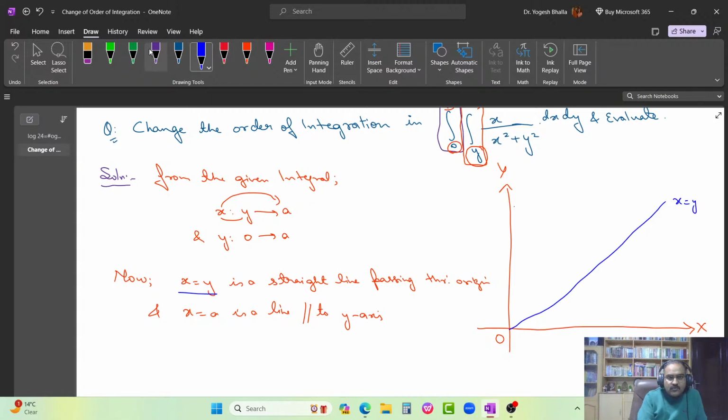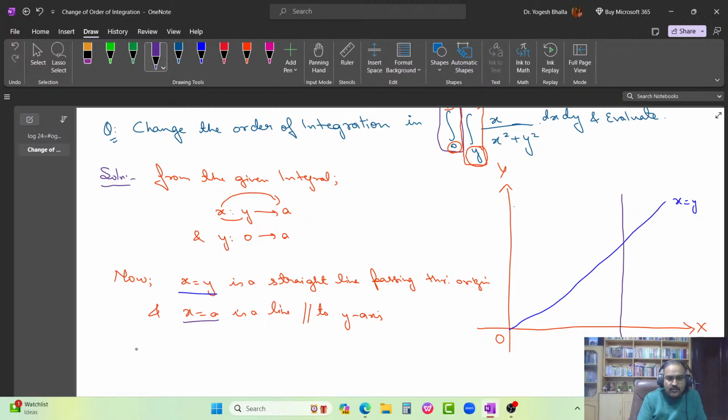The second thing is x equal to a, a straight line parallel to the y axis. So we have plotted the two curves, the limits of x. Now what about the limits of y?